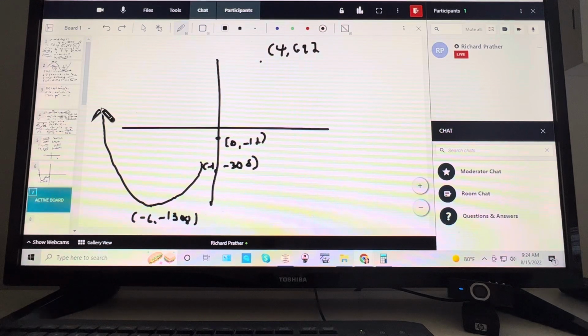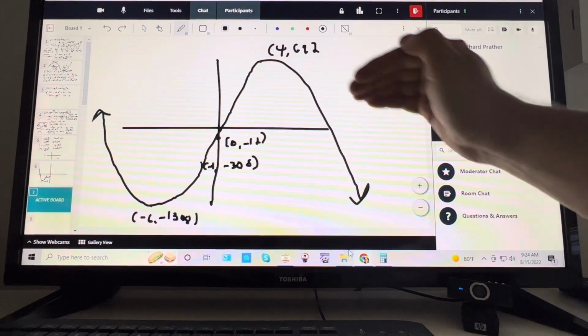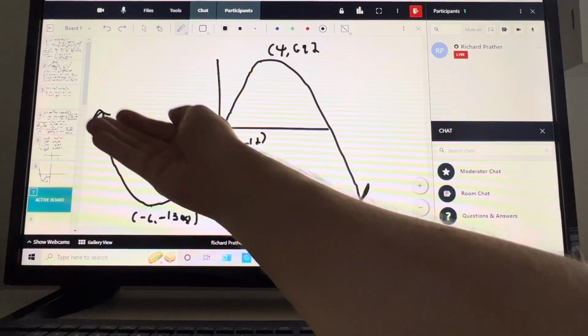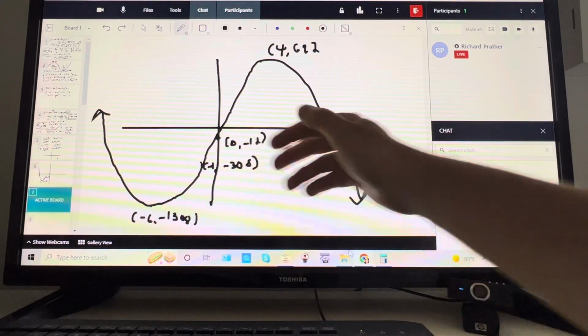So it's concave up from -infinity till you get to -1. There's the inflection point. Then it's concave down the rest of the time. So now the curvature bends the other way through there like that.